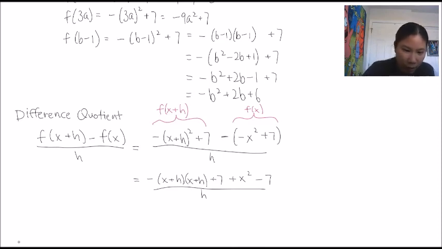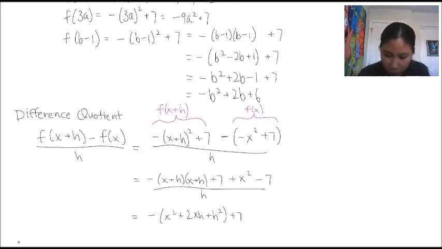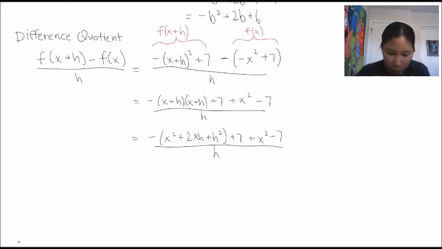FOILing that, we get x squared plus 2xh plus h squared, and the rest of it, making sure I distribute my negative sign.